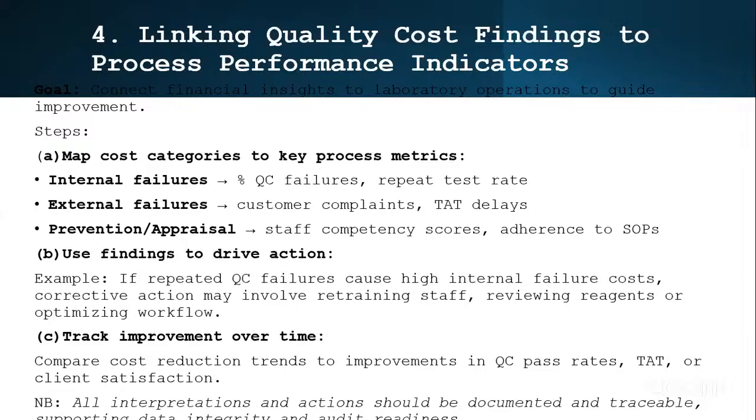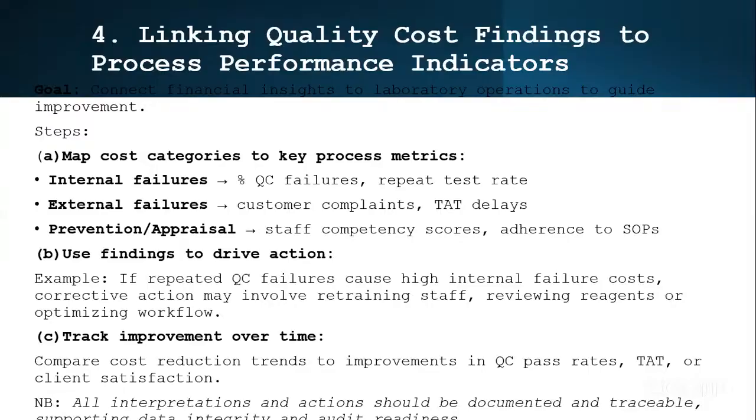Then use findings to drive action. Use findings from the above to drive action. An example, if repeated QC failures cause high internal failure costs, corrective action may involve retraining staff, reviewing reagents, or optimizing workflow.